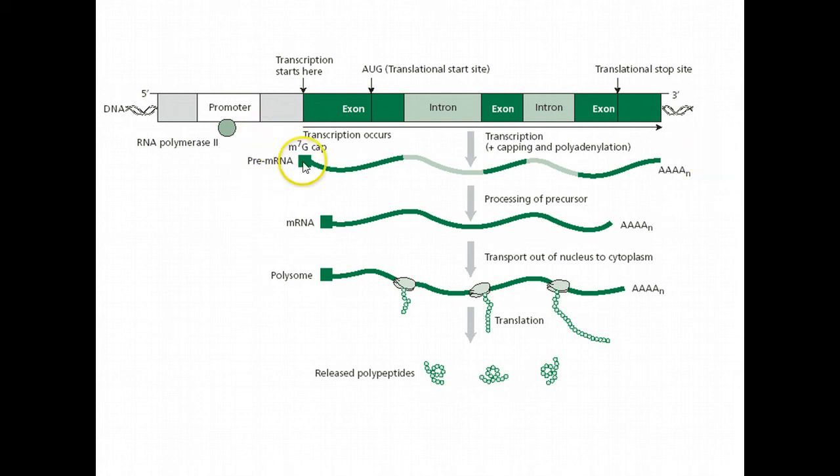And then we have a fairly complex cap added to the other end. Then the introns are removed, the piece of RNA is put back together, and it's moved out of the nucleus where translation can occur, with ribosomes attaching to the RNA.